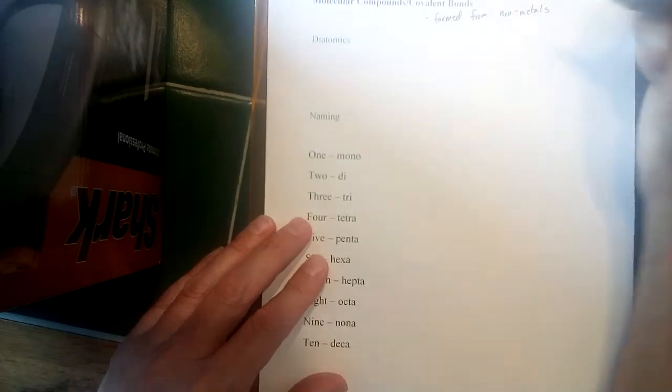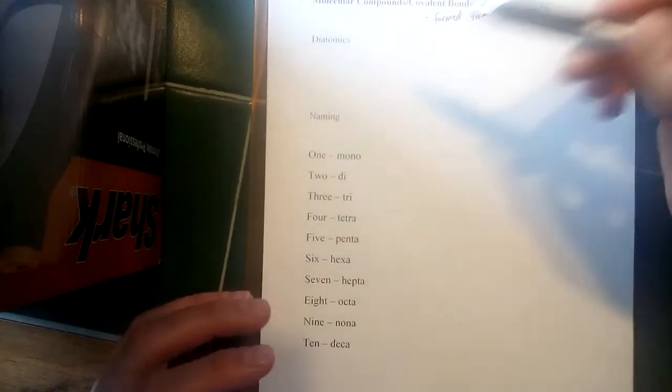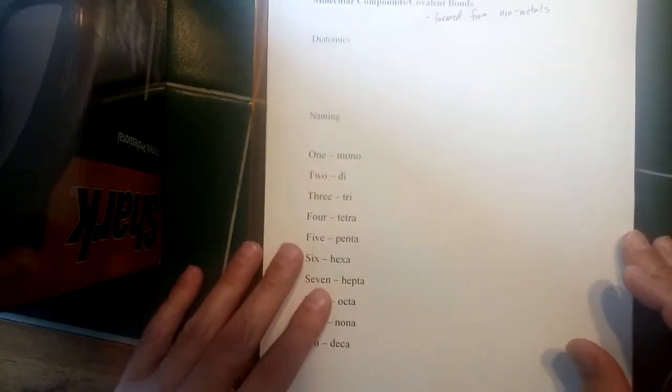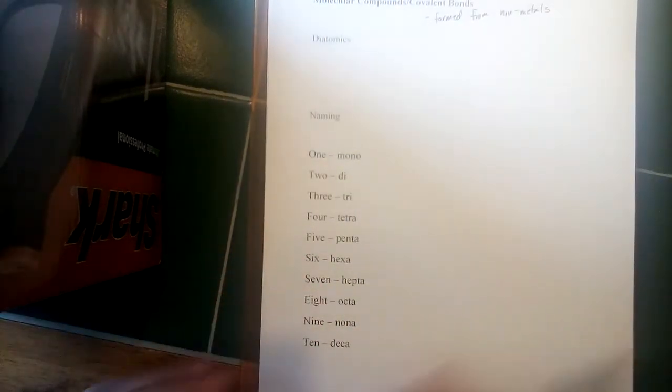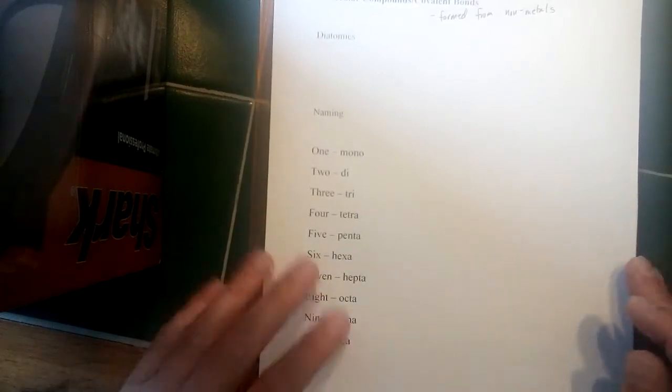So if you see a compound and all of the components are nonmetals, you're going to use this naming system that's based on describing how many are present in the compound, as opposed to the system we've developed for naming ionic compounds, right?